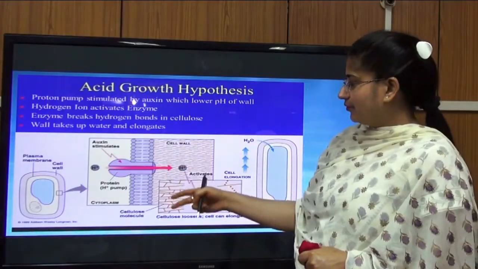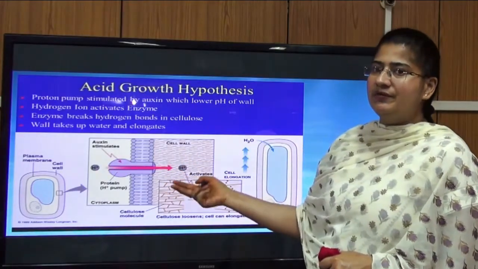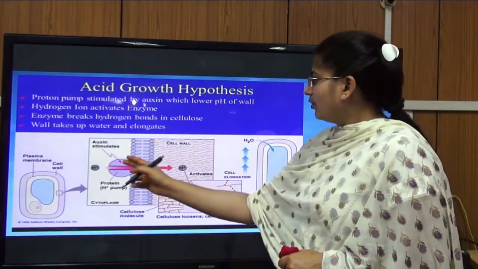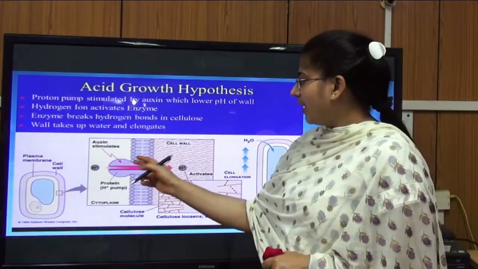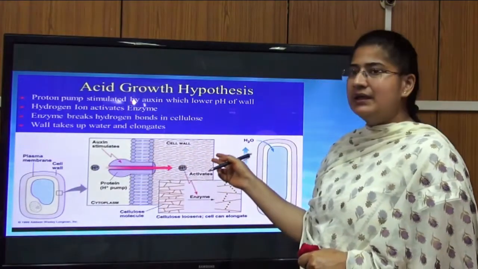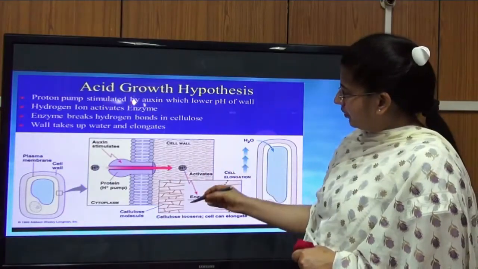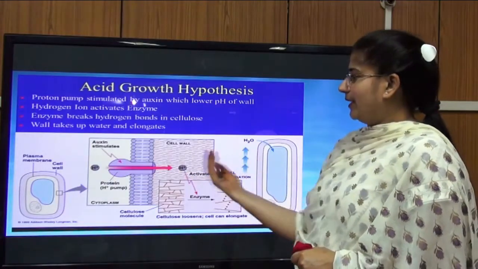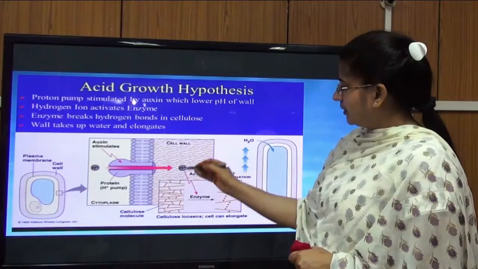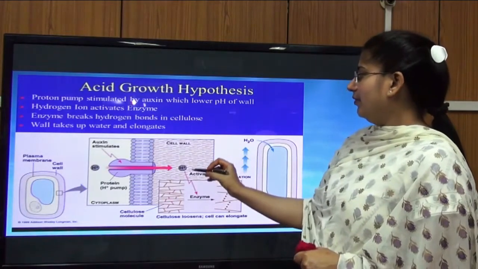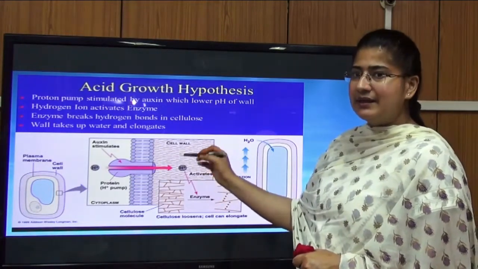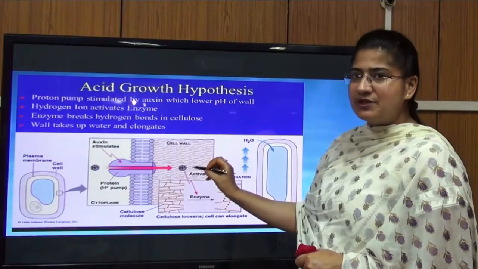So what will be the dual effect? More and more H plus will be pumped from cytosol to extracellular space. So if more and more H plus will be pumped out into the extracellular space, then the acidity of this extracellular space will increase, means concentration of H plus will increase.